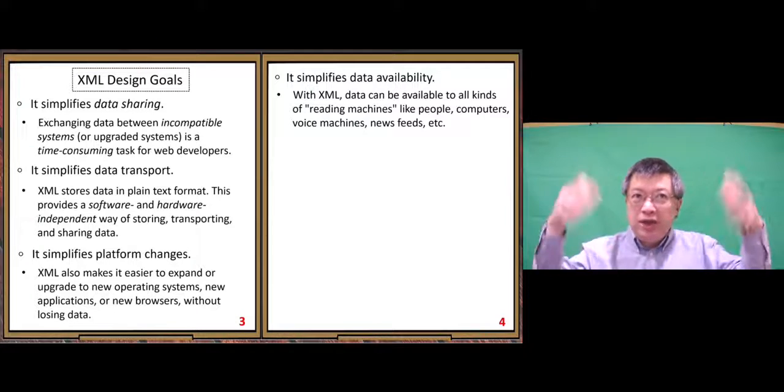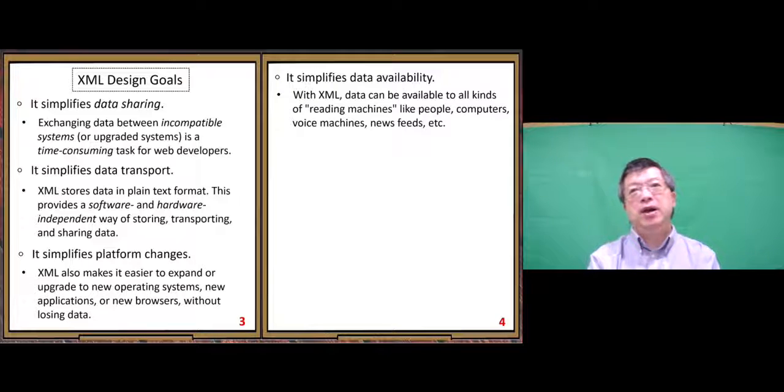Let me try to interpret the exact meaning of this data availability. The devices, machines, applications, people, humans, if you can process XML data, that means the data is available to you, to your device, to your application. That's the meaning of that.